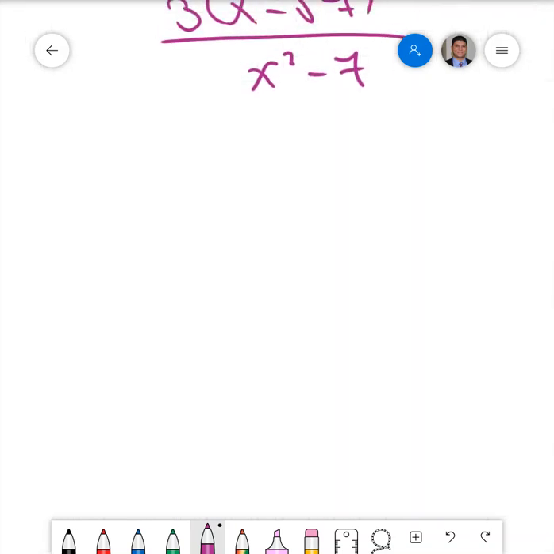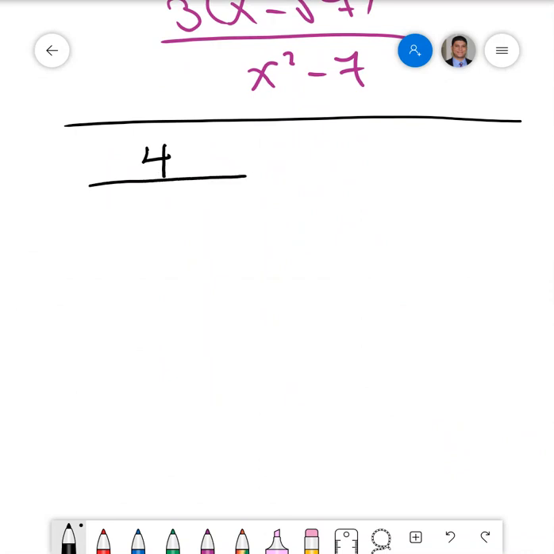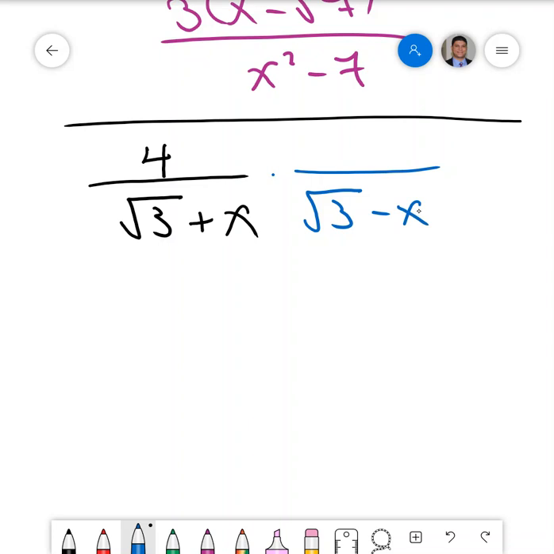Okay, another example. Rationalize denominator 4 over radical 3 plus x. So we need to multiply by conjugate radical 3 minus x times radical 3 minus x. Now multiply numerator. So it will be 4 times radical 3 minus x.